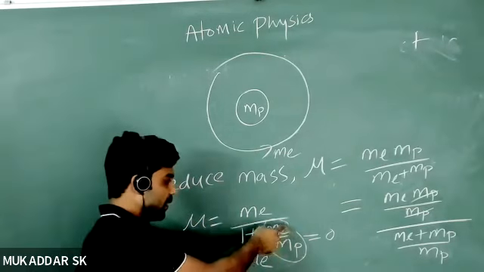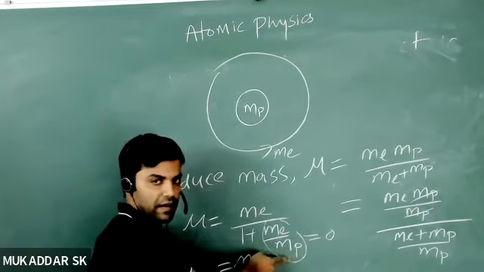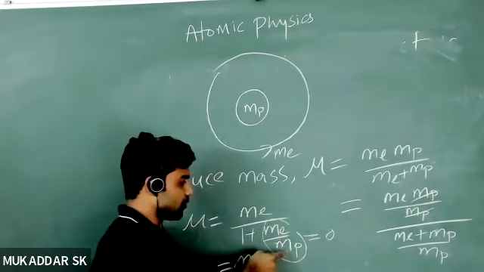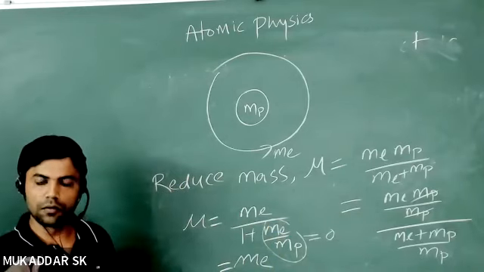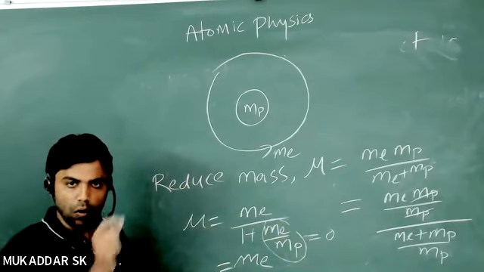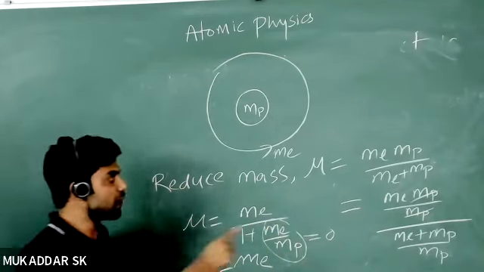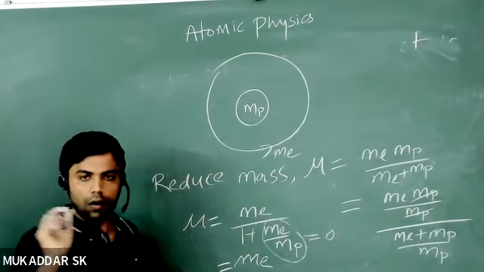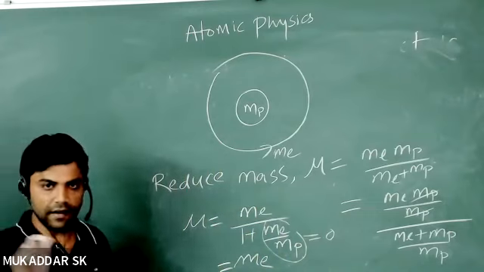But this term is actually not 0, because this is some finite value, and finite by finite will give some number. So you definitely have to make the correction in the Bohr model. You have to introduce the reduced mass concept in the radius expression, speed expression and energy expression.